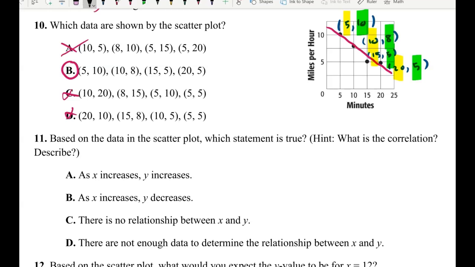So answer A is not right. Part B, as x increases, y decreases. It makes sense, that's what we see on the graph right now. And part C, there's no relation between x and y, is wrong because we see x increase and y decrease. There's not enough data. It's just something to make it multiple choice.